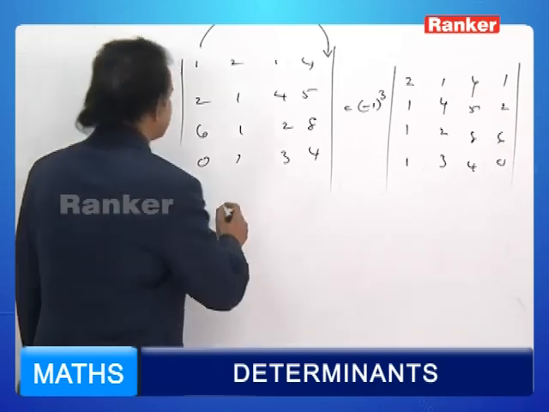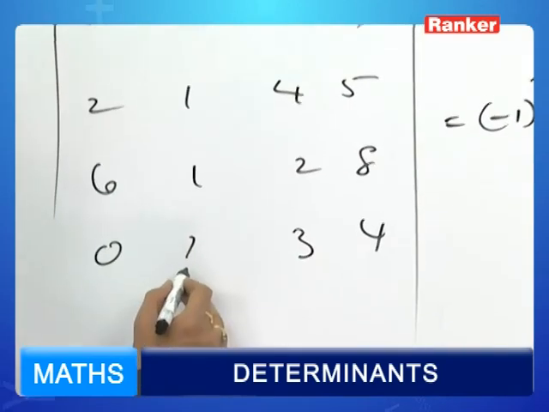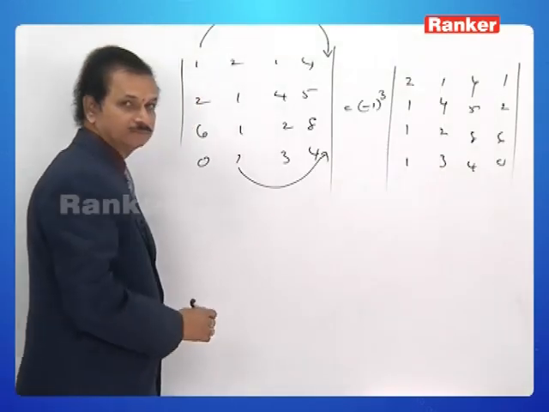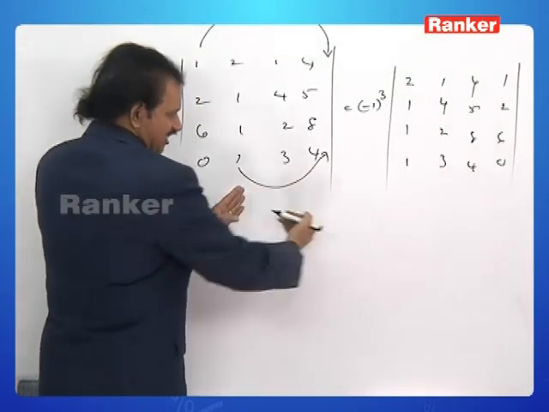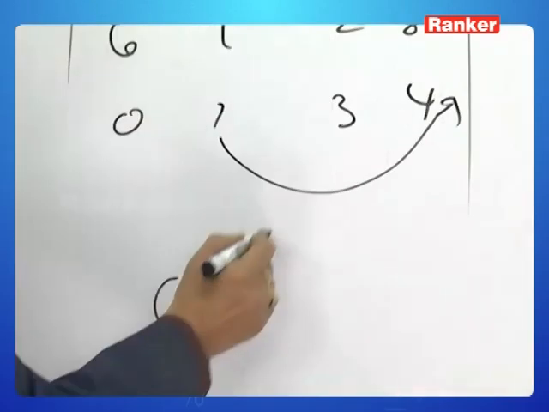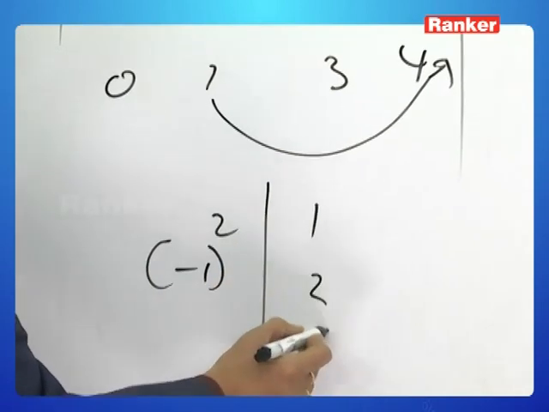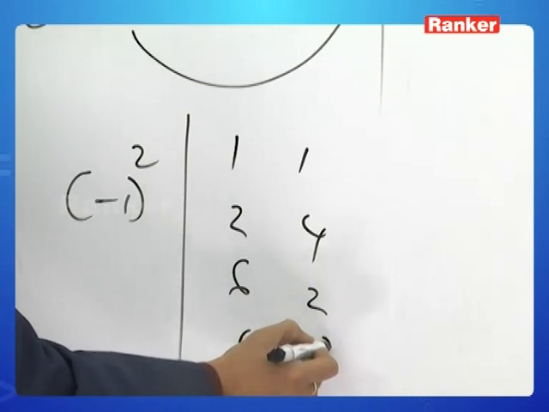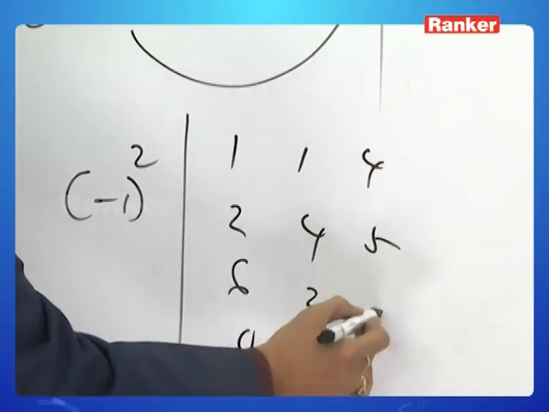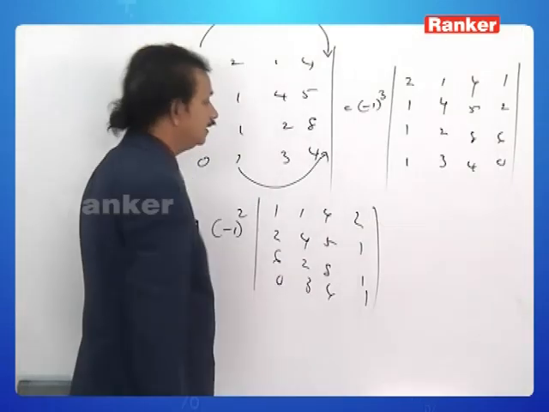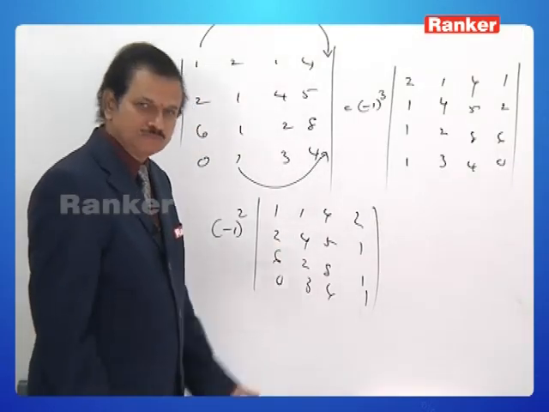In a similar way, suppose you would like to consider this as the fourth column. How many columns have you trespassed? 2 columns. In that case, it is minus 1 whole square into 1, 2, 6, 0, 1, 4, 2, 3, 4, 5, 8, 4, 2, 1, 1, 1. Minus 1 whole square means no change at all.